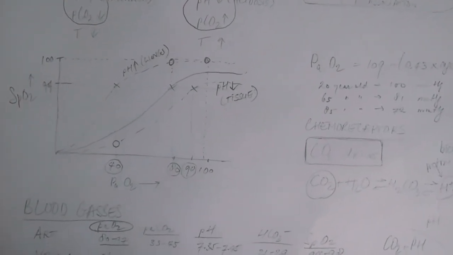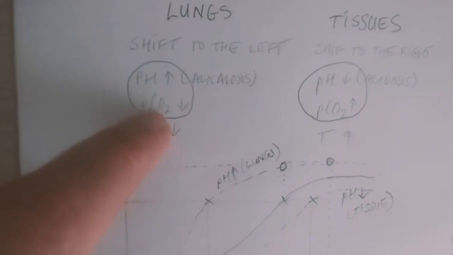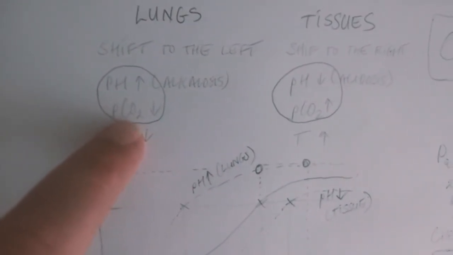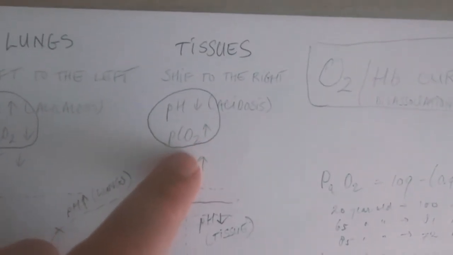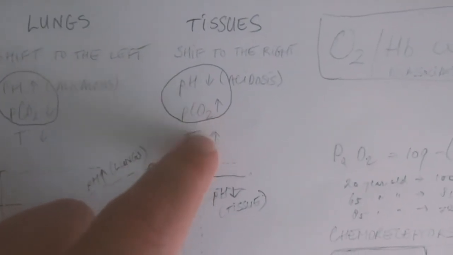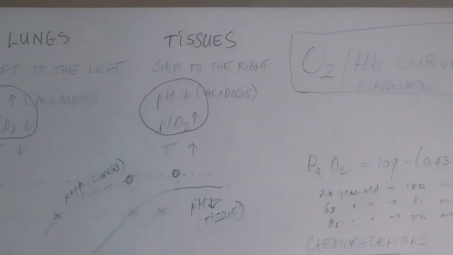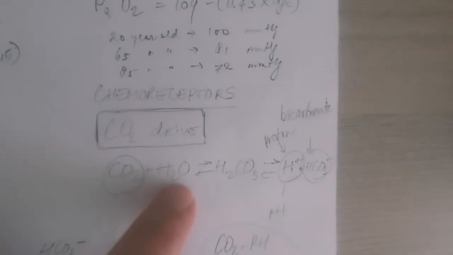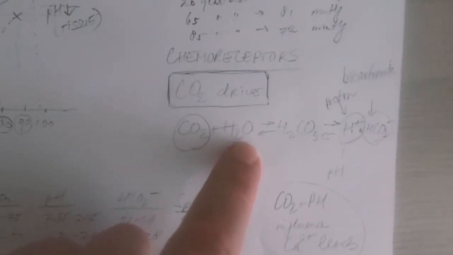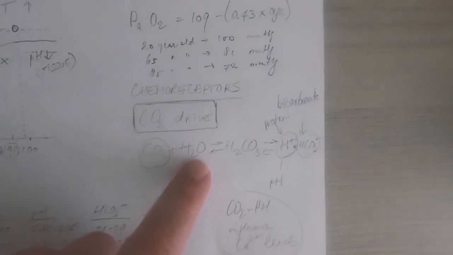Okay, now what happens with carbon dioxide? Carbon dioxide is ventilated out of the lungs and out of the body, and it is produced in high levels because of metabolism in the local tissues. It is the carbon dioxide that dissolves in water. It's 40 times more dissolvable in water, I think, than oxygen.